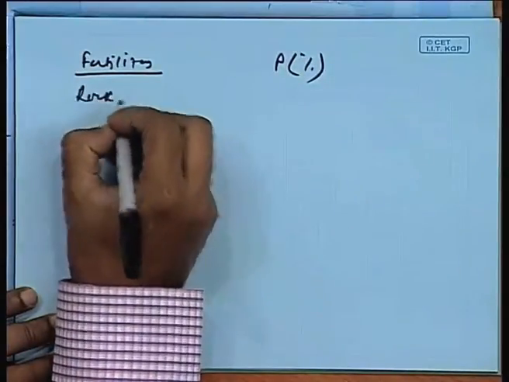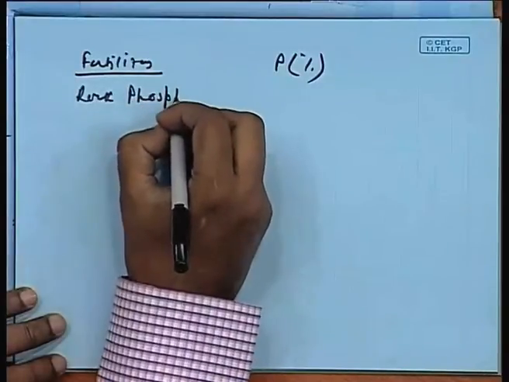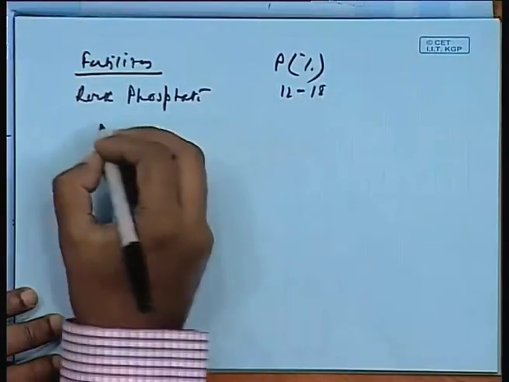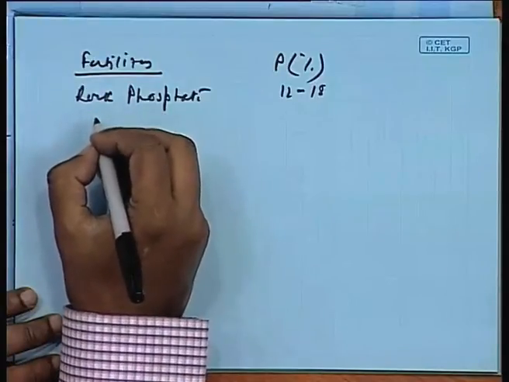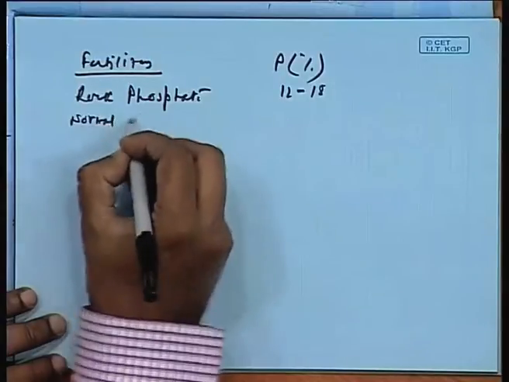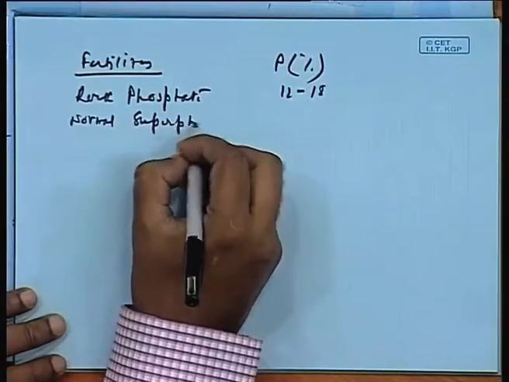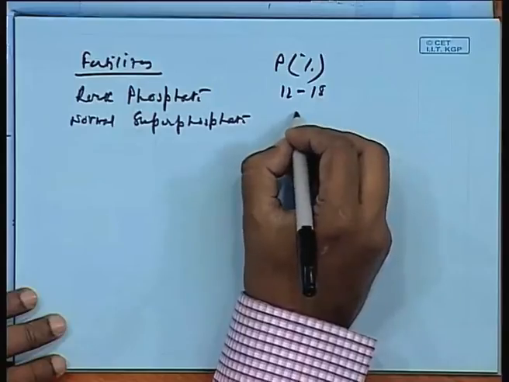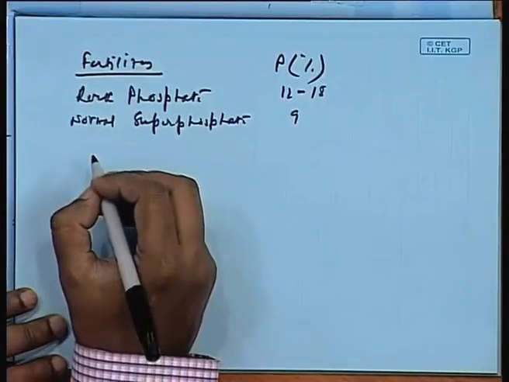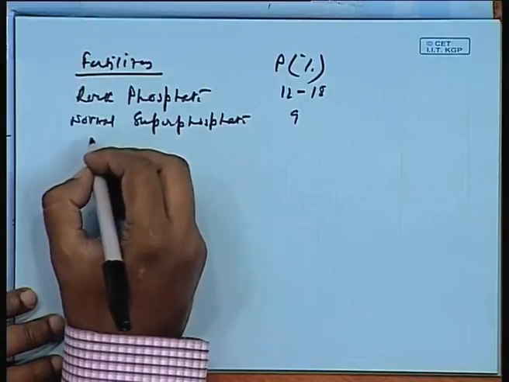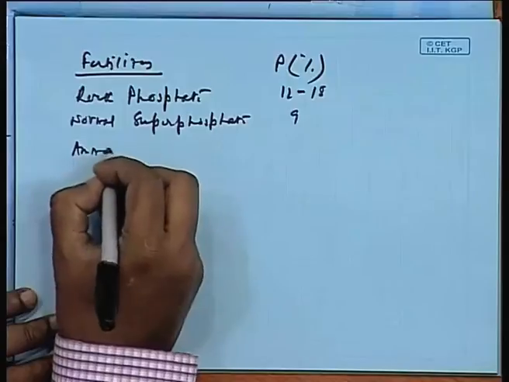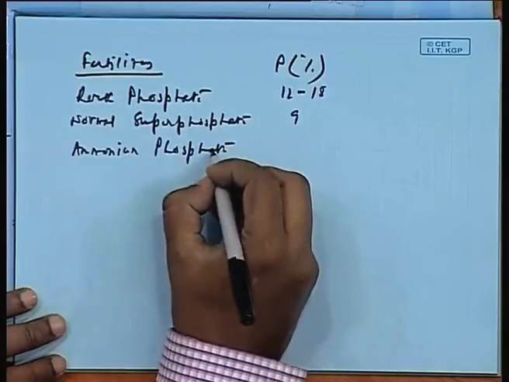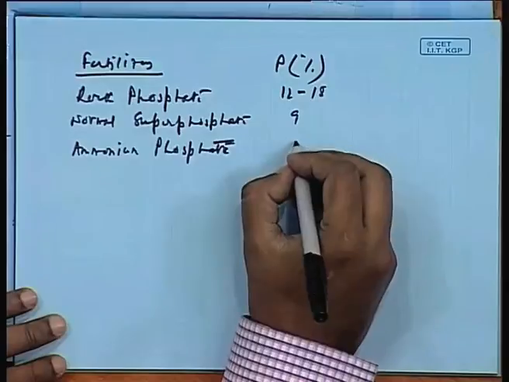Rock phosphate will be having 12 to 18%, normal superphosphate would be about 9%, and ammonium phosphate would be about 18%.